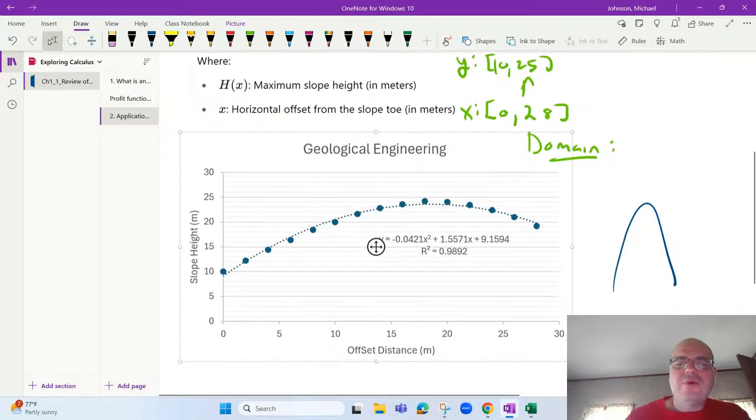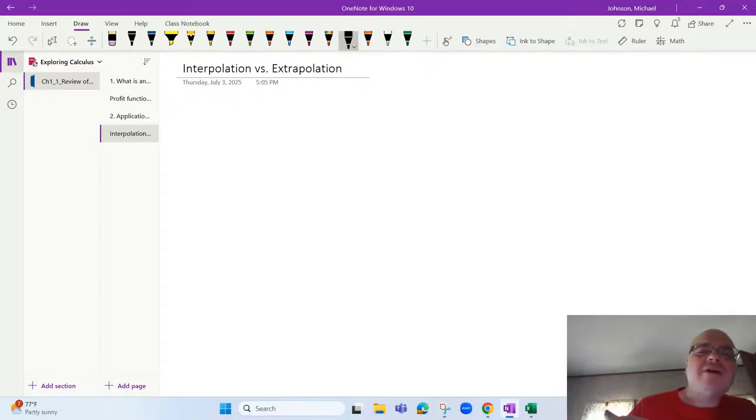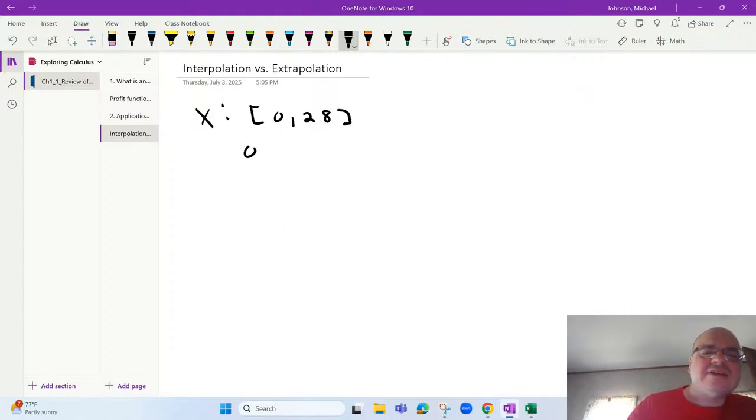With a graph, we can take a look at our domain and range and look at interpolation versus extrapolation. These are more statistical terms, but we're going to go back to our domain and note we inputted values of 0 to 28 for the offset distance.